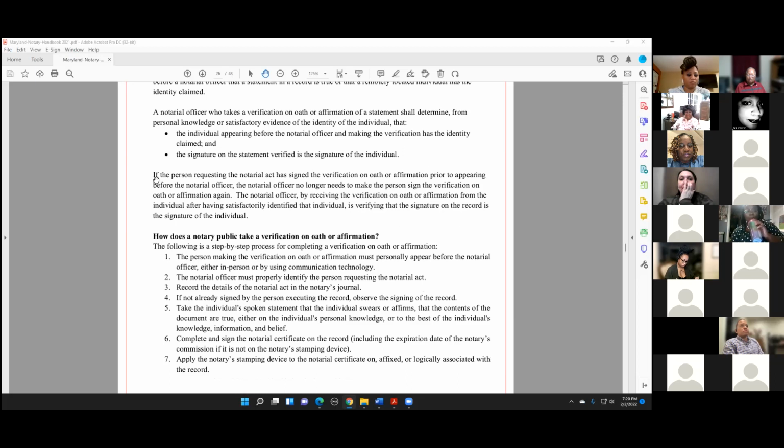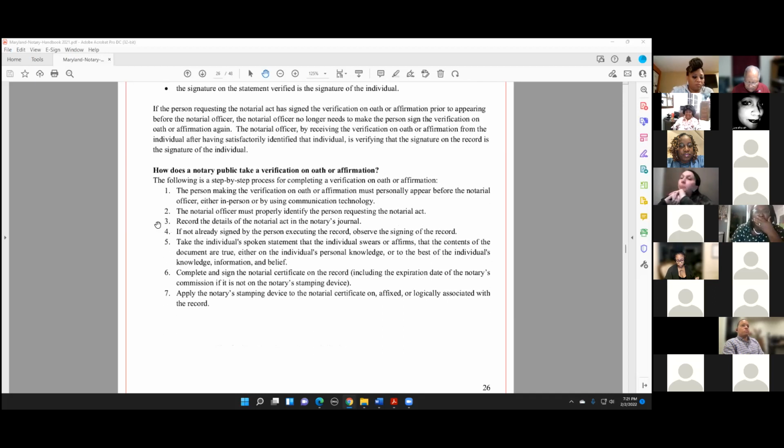Now, this reiterates, if the person requesting the notarial act has signed the verification on oath or affirmation prior to appearing before the notarial officer, then the notarial officer no longer needs to make the person sign again. The notarial officer, by receiving the verification on oath or affirmation from the individual after having satisfactorily identified the individual, is verifying that the signature on the record is the signature of the individual.